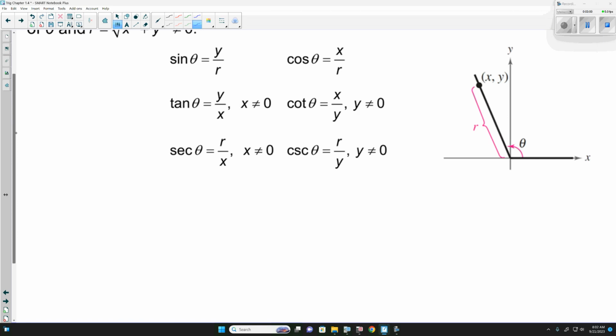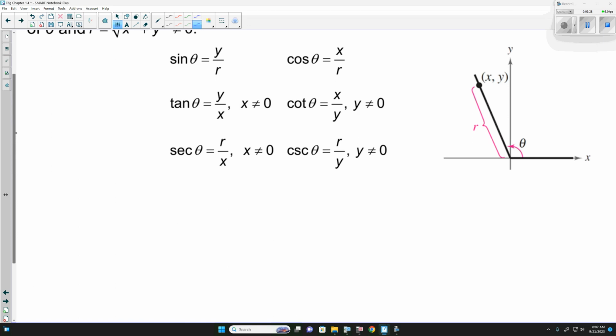Cotangent of theta is equal to x over y. And secant of theta is r over x, and cosecant of theta is r over y.